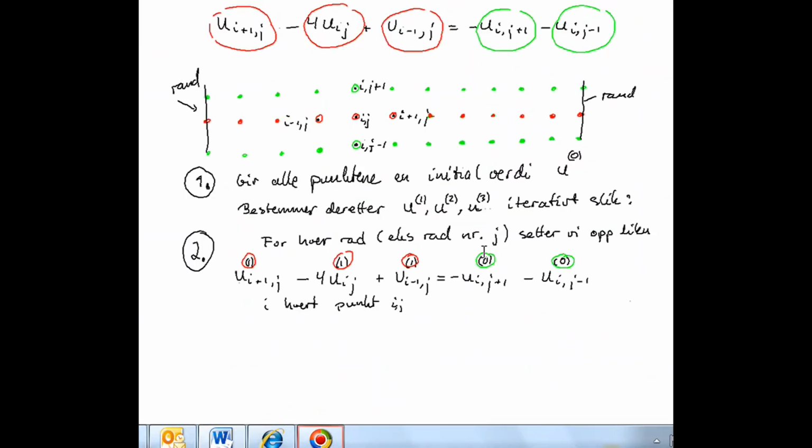Now we have found all these u^2 solutions, and they are put on the right side here, and we replace 1 here by 3. So working with this iteratively, it's possible to show that the approximate solution will converge to the exact solution.